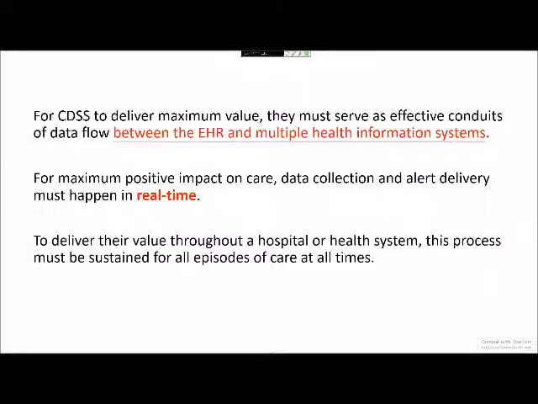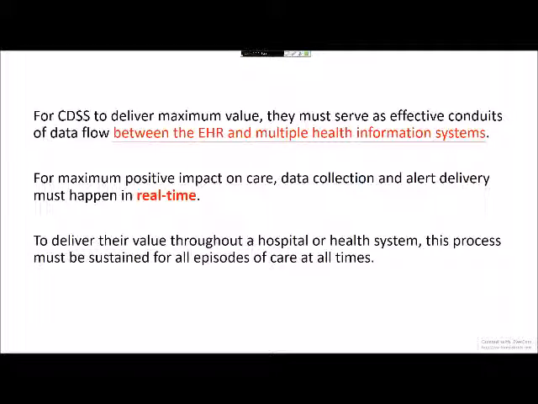For a clinical decision support system to deliver maximum value, it must serve as an effective conduit of data flow between the electronic health record and multiple health information systems for maximum positive impact on care.